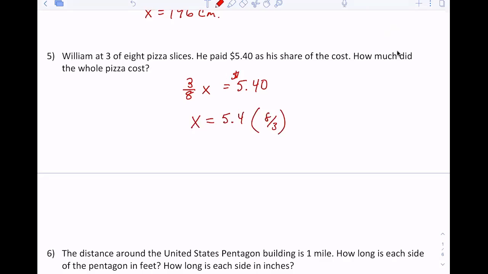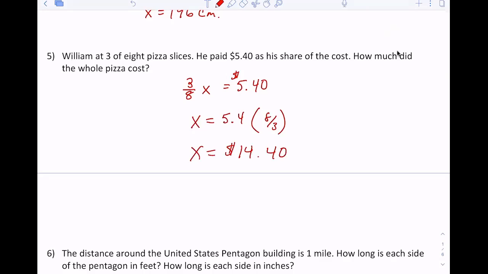Now, just take your calculator and go 5.4 times 8 divided by 3, because a fraction is a division problem. And so, Austin, the pizza would cost how much? $14.40. So that is the answer.